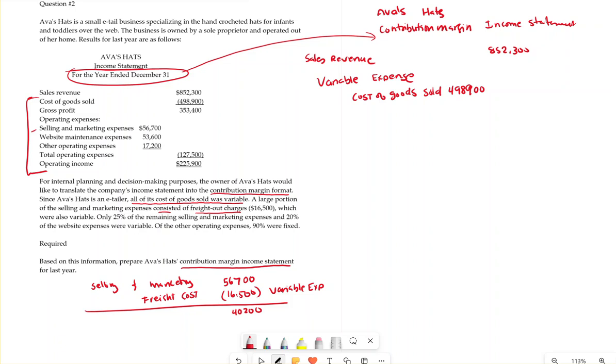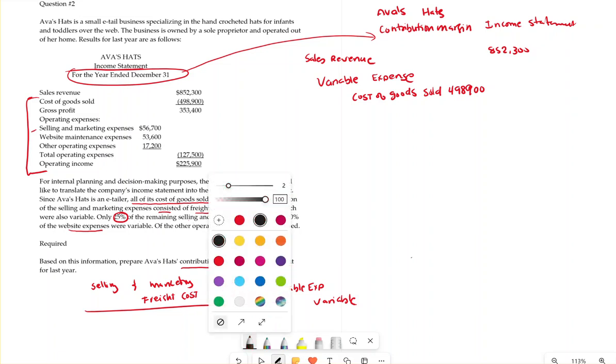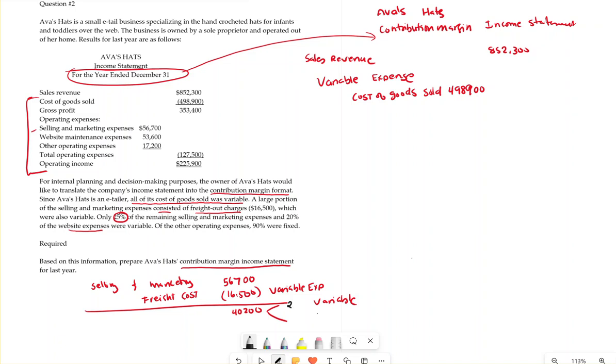They said only 25% of the remaining selling and marketing expense is variable. So if 25% is variable, then 75% is fixed.